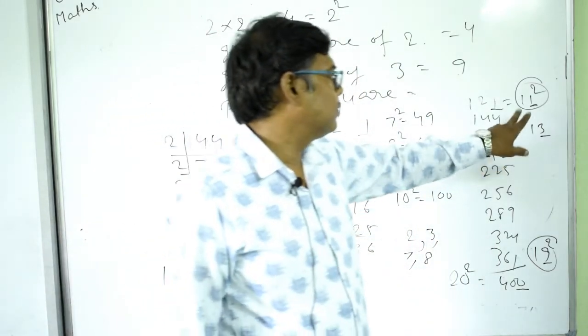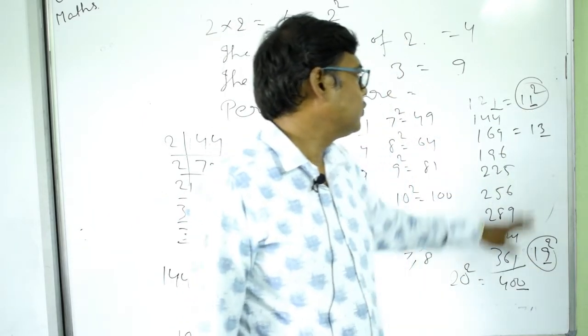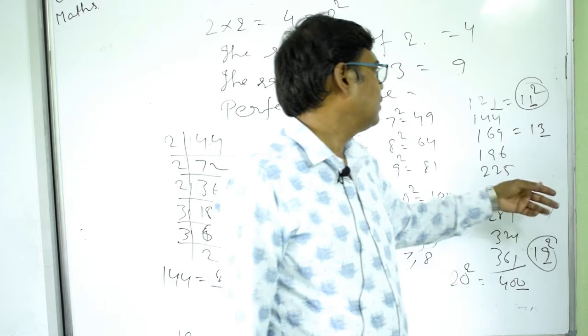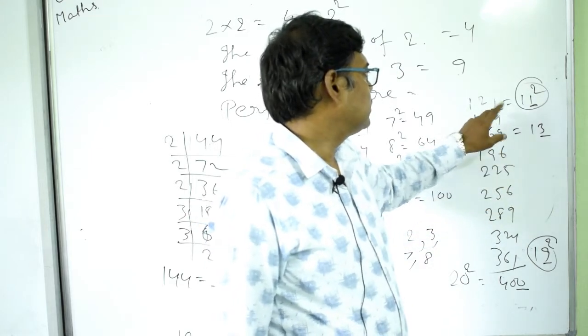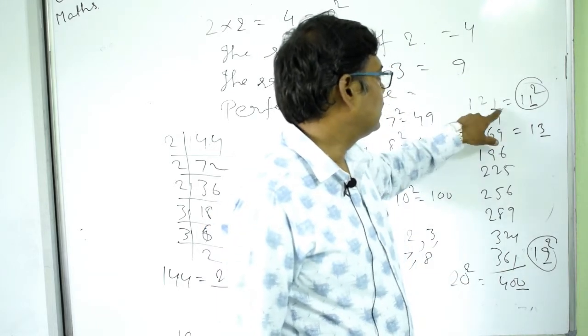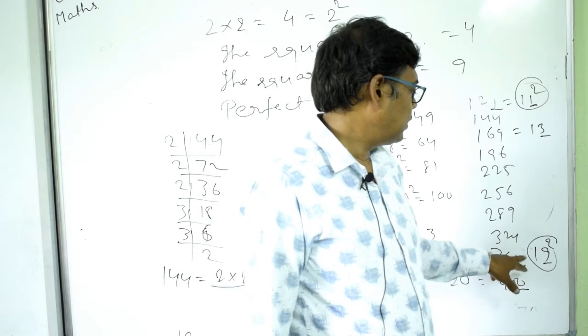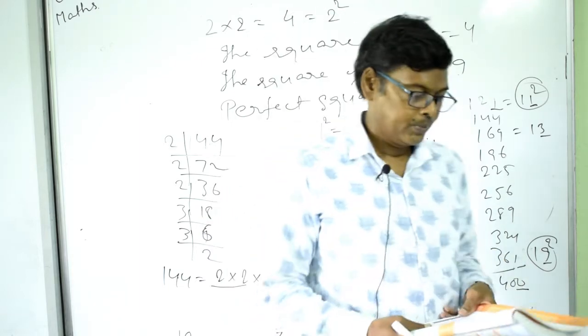Like here I told you, the square of 11 and the square of 19. So when you square these numbers, the answer which you get, in that answer the digit at the ones place will be 1. See here also, 121, the digit at the ones place is 1, and in this number also the digit at the ones place is 1. So this is the property also.